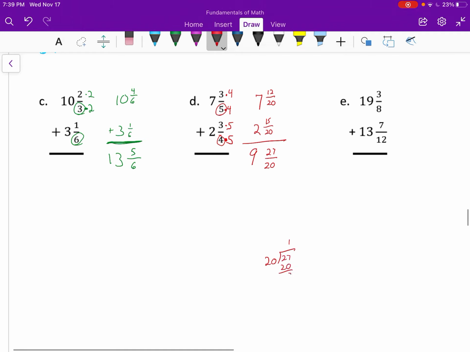We know that goes once with a remainder of 7. So 27/20 is actually 1 and 7/20. Well, what do we do with that? We take this 1 and add it to the 9, which is 10. So we have 10 and 7/20.